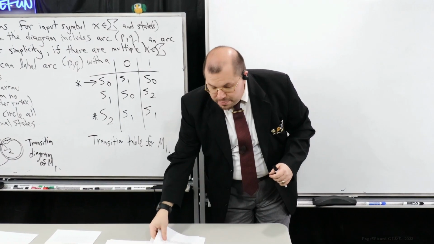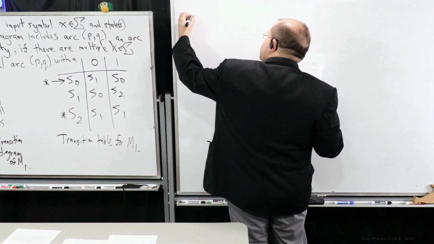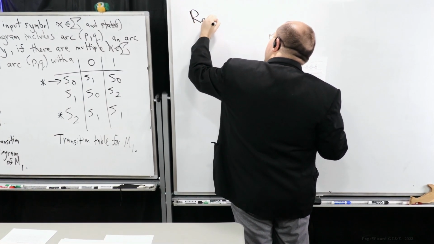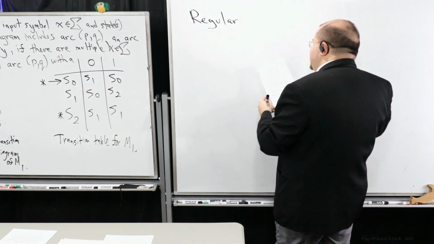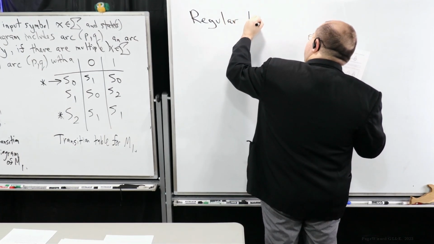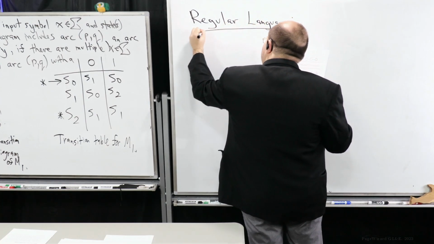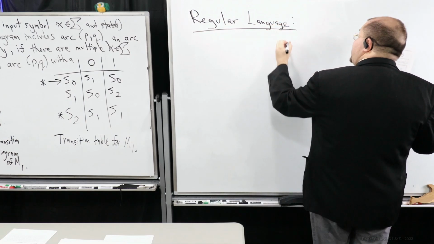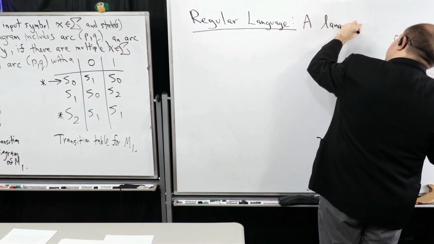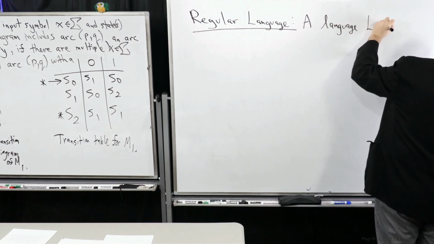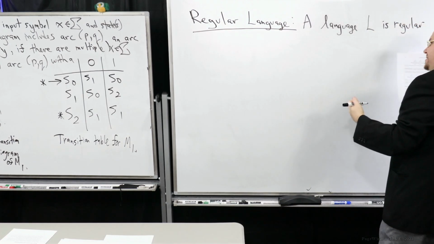You may have heard of this term before, but here's one way of defining something called a regular language. You might ask, Dan, what the heck is a regular language? Well, let me define it for you. This is one equivalent definition for a regular language. A language L is regular. This is just a name for these types of languages.